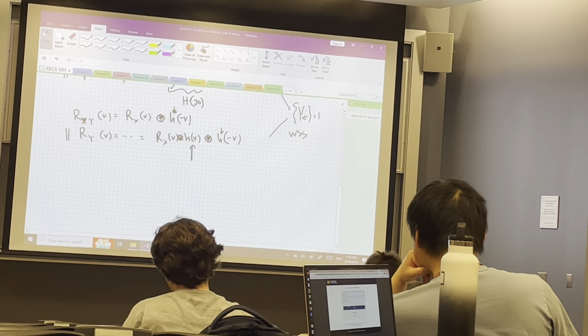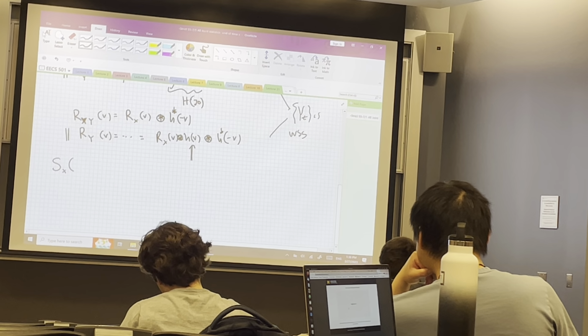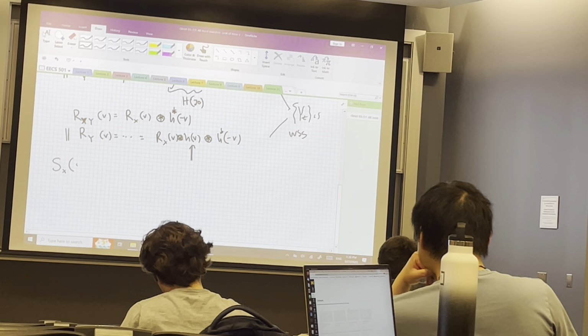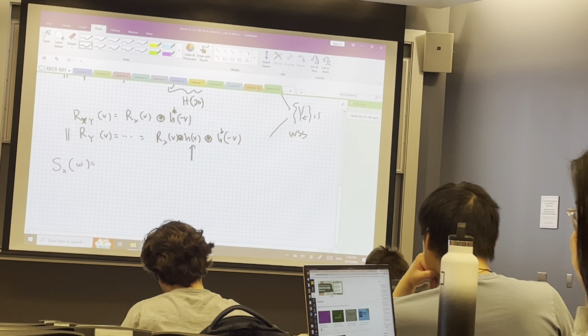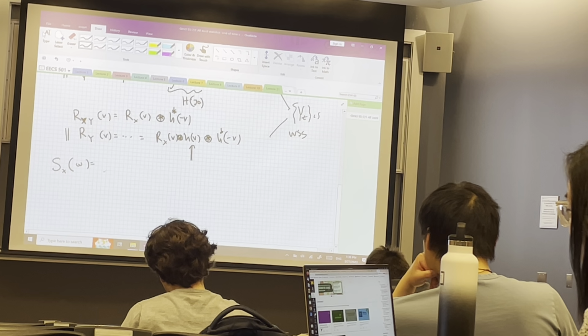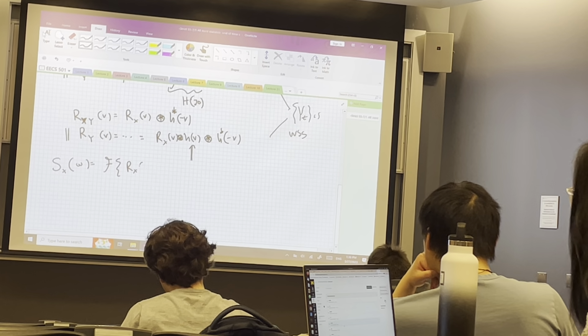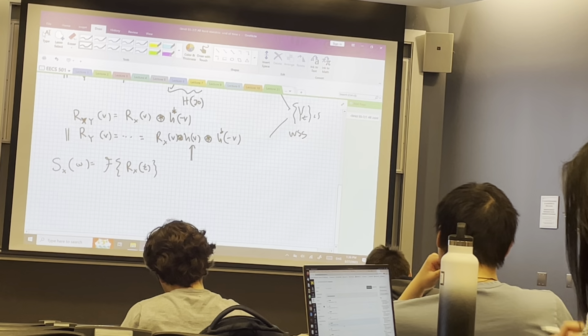and so we define also this quantity Sx of omega as the Fourier transform of Rx of tau, or of t, doesn't matter, okay?